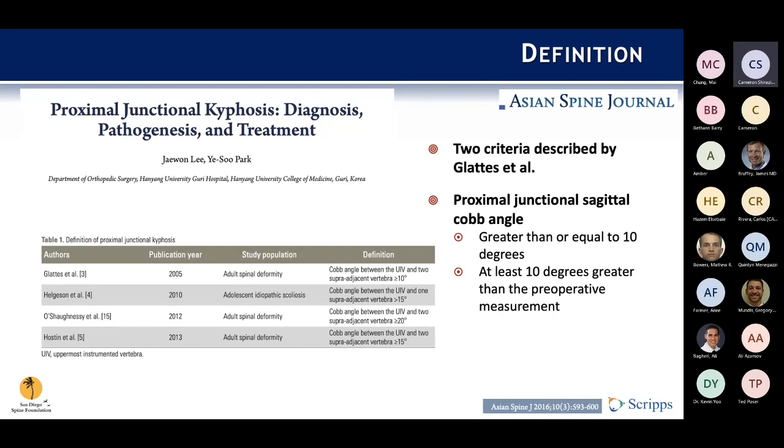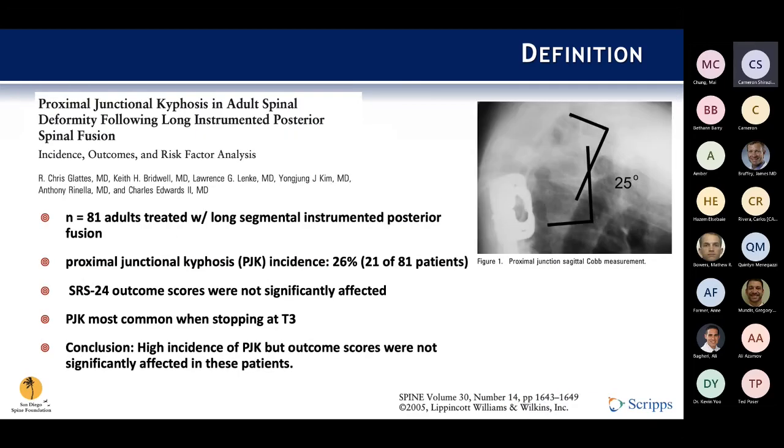And so that is greater than or equal to 10 degrees and at least 10 degrees greater than preoperative measurement. And this is that paper itself, from WashU in 2005. They looked at early preoperative and final postoperative radiographs to look at the sagittal Cobb angle and SRS-24 outcomes. The proximal junction was defined as the caudal end plate of the UIV and the cephalad end plate of 2 vertebrae proximally.